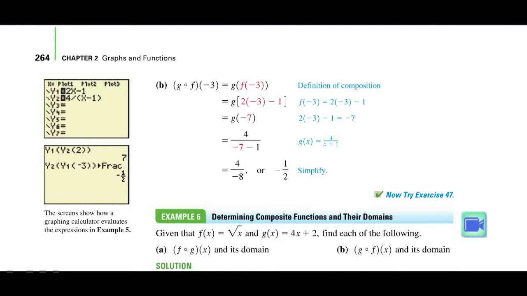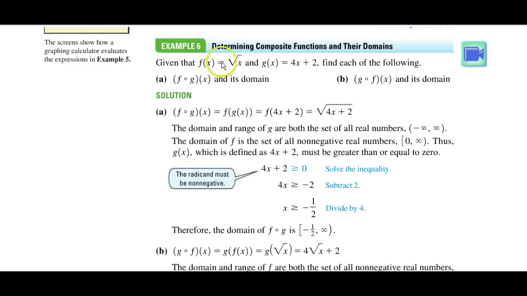Okay, let's go on. Now, as we go on to example 6, they want us to determine the composite function, which we should have a little bit of a handle on already, and their domain. Now, once again, as soon as you see something in its radical form, x has to be greater or equal to 0.